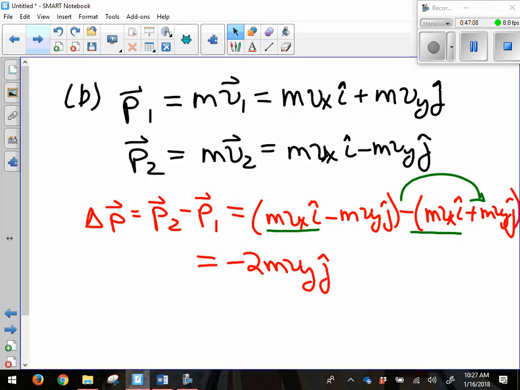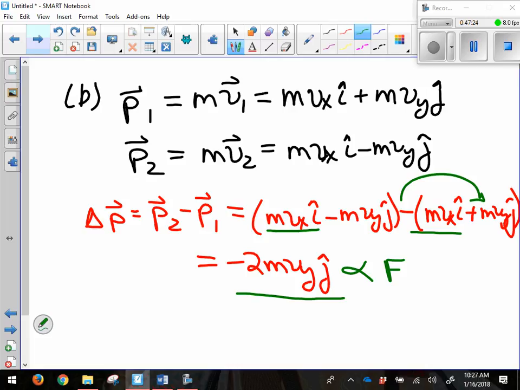When the object bounces off, that whole y momentum that's coming in has to be turned around and sent off. As we're going to find out on Friday, which is the next time we'll talk about any of this, this is going to be proportional to the magnitude of the force between the object that's bouncing and what it's bouncing off. And as you can probably guess, more force means more pain.